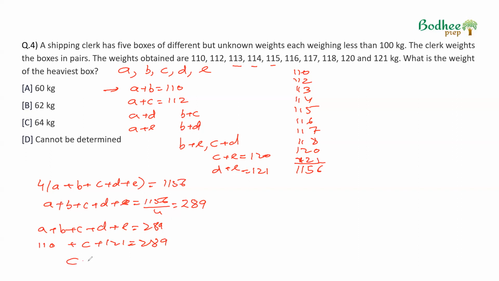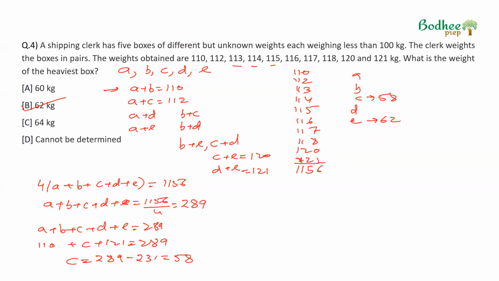And therefore C will be 289 minus 231, 110 plus 121, which will be nothing but 58. If we put C as 58, here we will get E as 62. 58 plus 62 will be 120. Hence, the heaviest weight is 62 kgs.